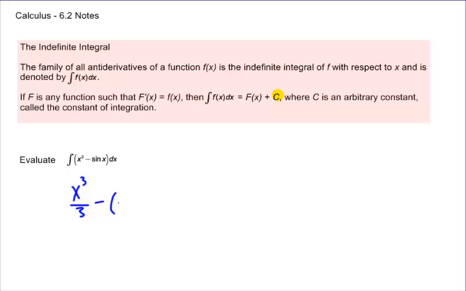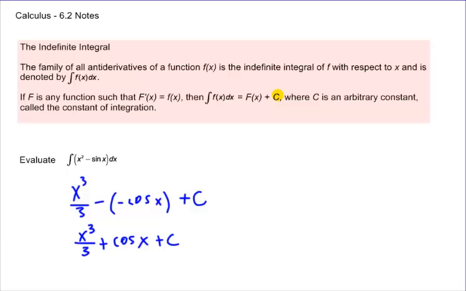The answer to that is negative cosine x. And so plus c at the end to account for all of our constants. We can clean this up one step by saying we've got x cubed over 3 plus cosine x plus c.